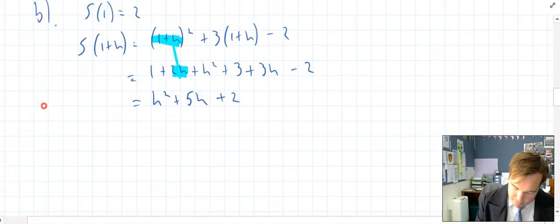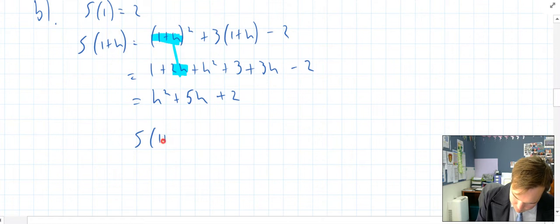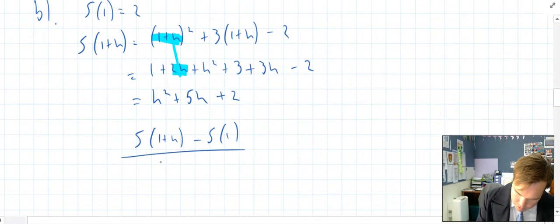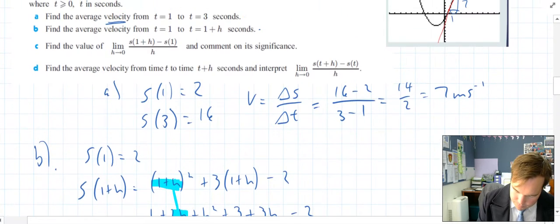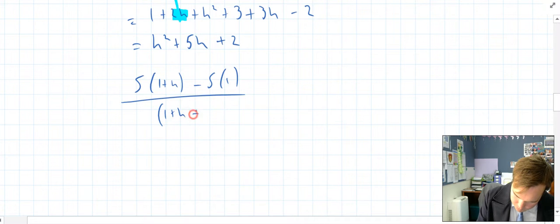So average velocity is this, is s of 1 plus h, take s of 1 over 1 plus h, take 1.